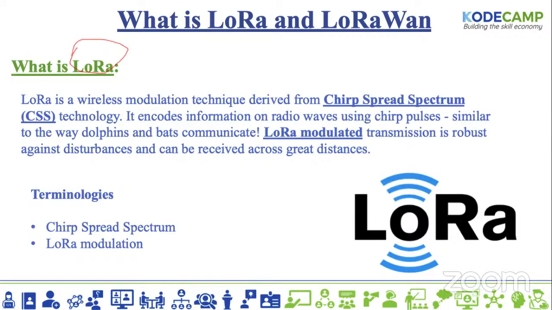When we talk about modulation here, it's just the way this information is encoded and decoded, how the information is passed from one place to another, and that falls under the spread spectrum technology.